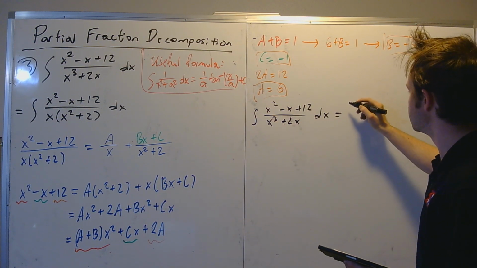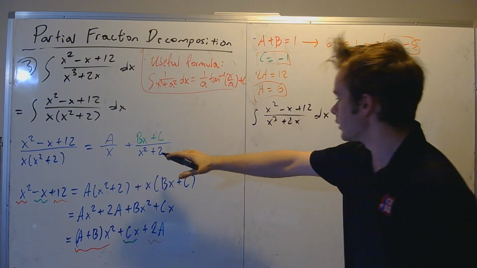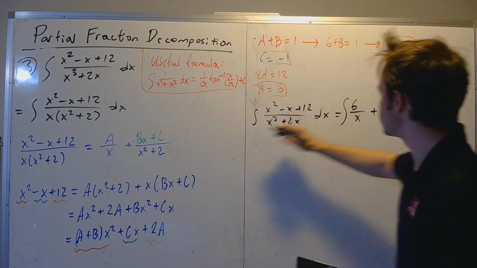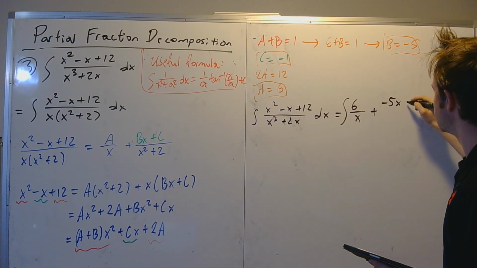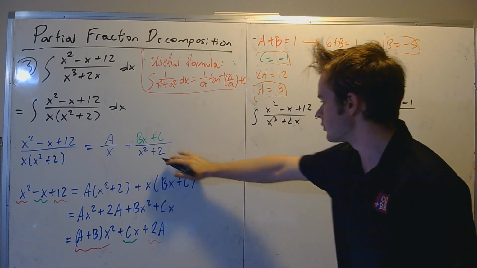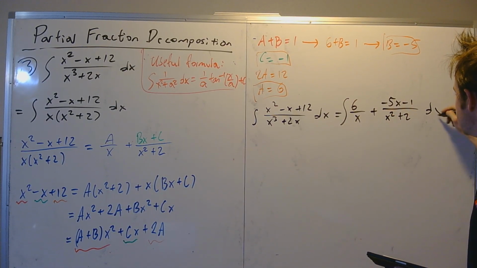We have a, which is 6 over x, plus bx plus c, so that's negative 5x plus c, so minus 1, over this x squared plus 2 dx.